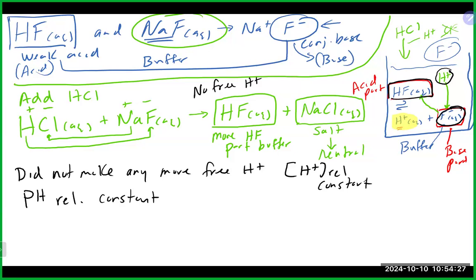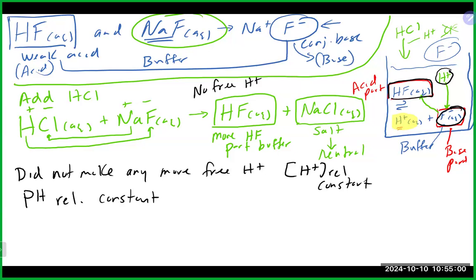So this would be a situation where maybe the pH just drops a little bit, maybe from 5 down to 4.9 or something like that. But it will not be a giant jump, say from 5 all the way down to 2 or 1, because you don't have that enormous amount of H plus coming in. Most of it is going to get tied up with the F minus. You will make a little bit more HF, but it will break apart a little bit, so the pH will just go down a little bit. You shouldn't see a really big jump in pH. Any questions on that there?